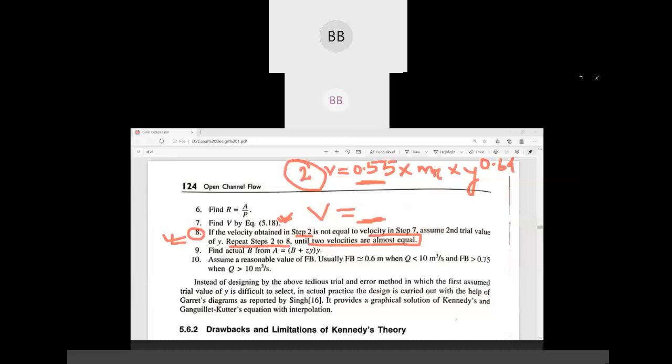In general, we use MATLAB software, because in each and every trial you cannot assume a value and check whether that velocity is equal to the other. But a computer can run a number of trials and directly give you the y at which the velocities will be the same. So those things can easily be done in MATLAB software.